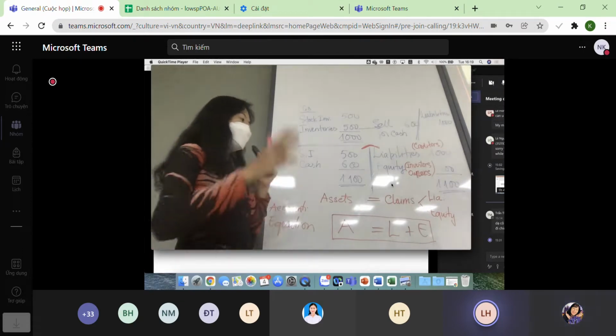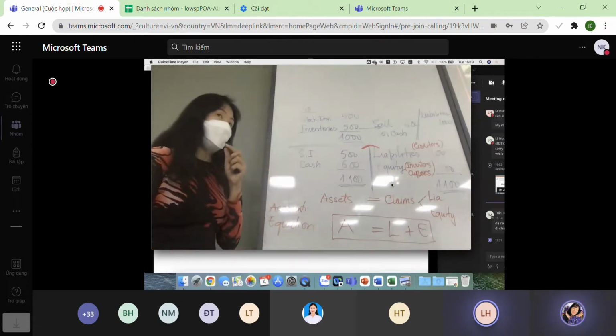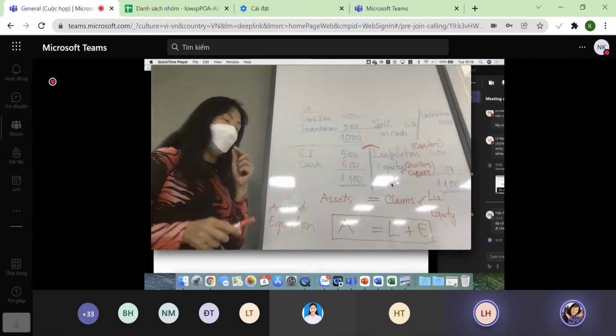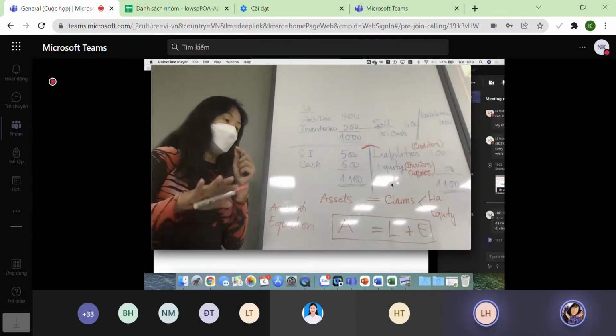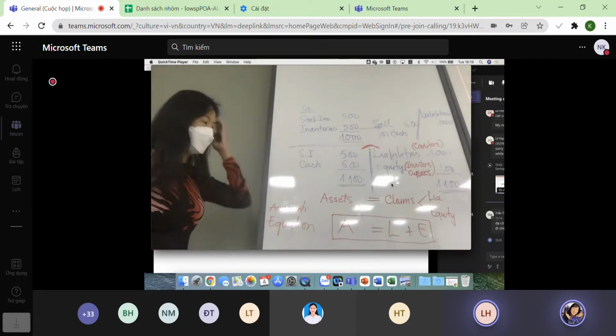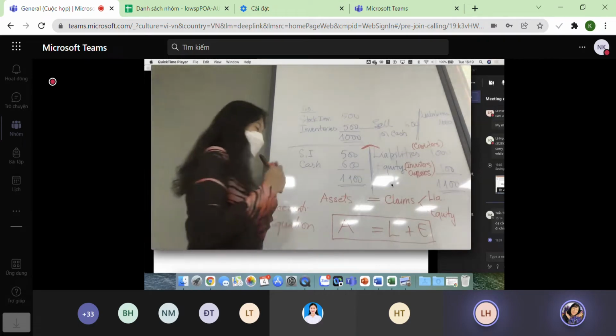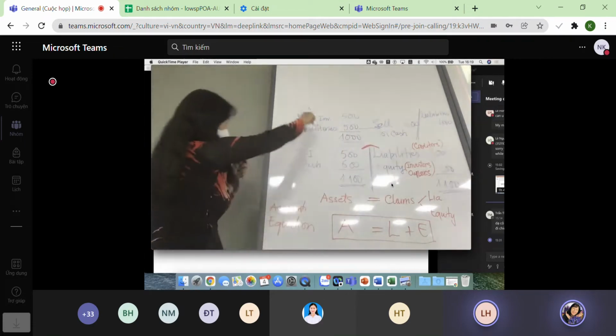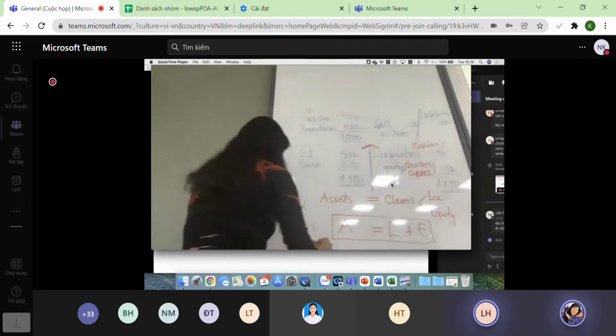And how about the other two elements that we need to present on financial statements? For example, I use the example of group number 3.